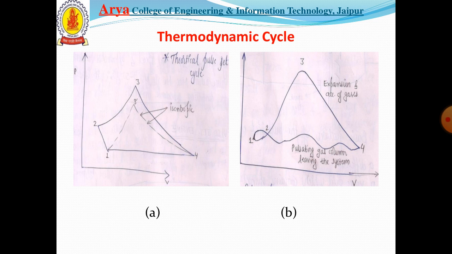The maximum flight speed of the pulse jet engine is limited by aerodynamic considerations to below 800 km per hour.